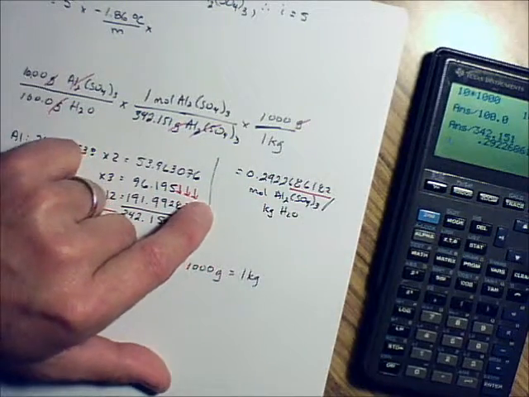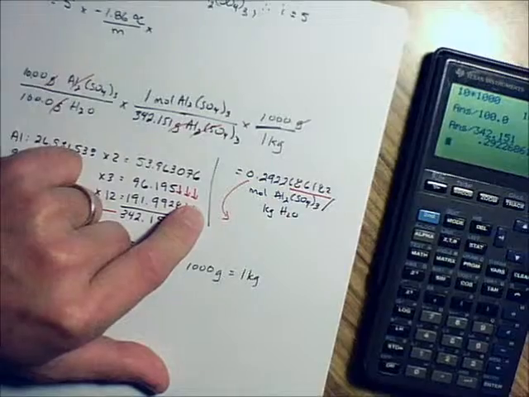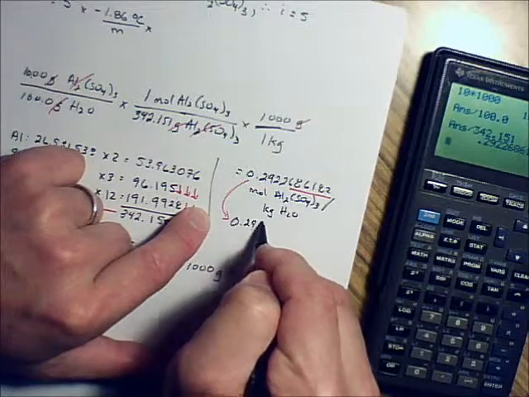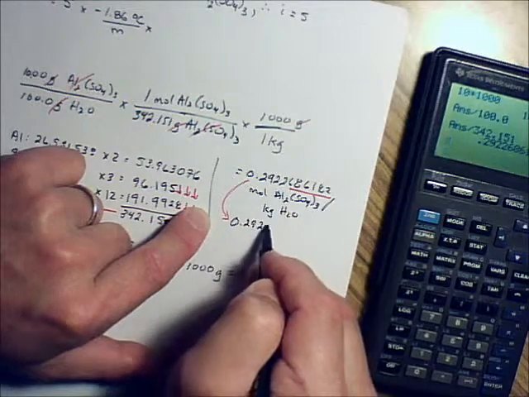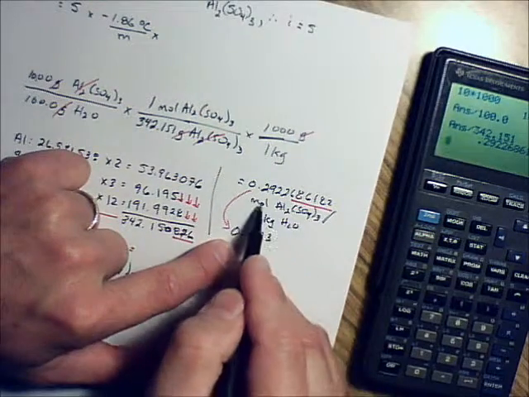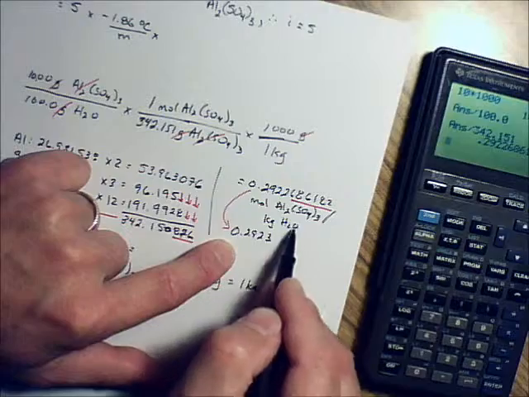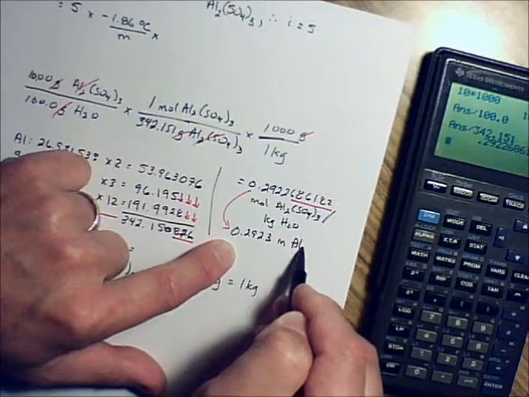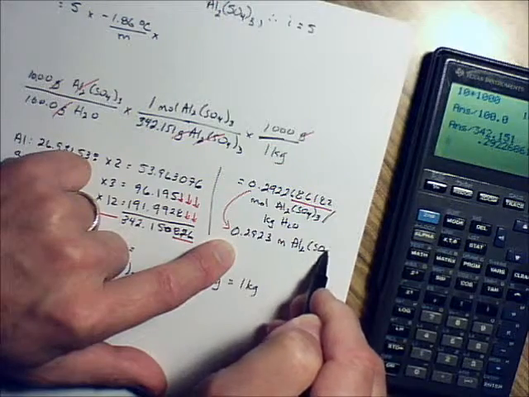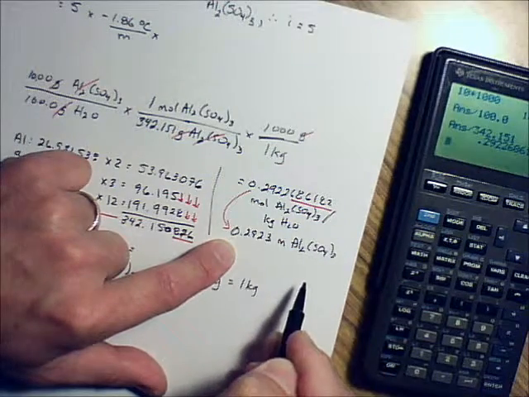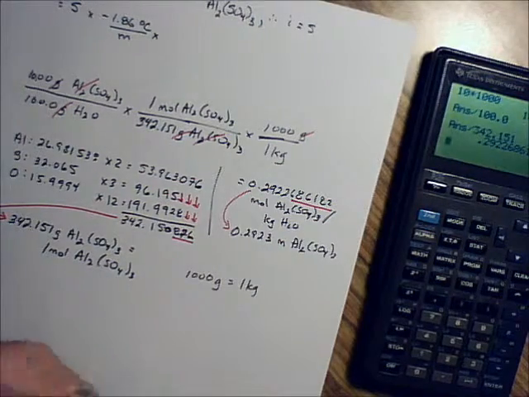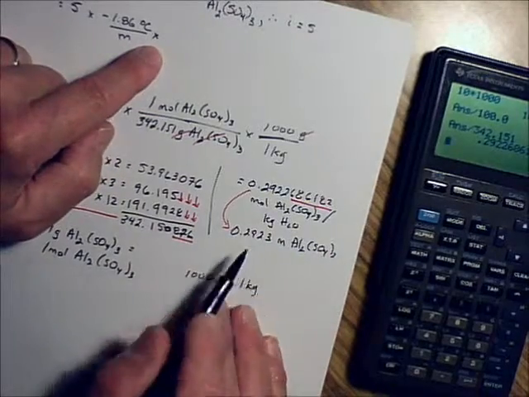Okay, so we're going to round it off then to 0.2923, and since moles of aluminum sulfate over kilograms of water is molal aluminum sulfate, okay, I don't have to say it's in water because that's assumed, unless I say otherwise, and that's our molality. Now we're ready to plug this number up here.